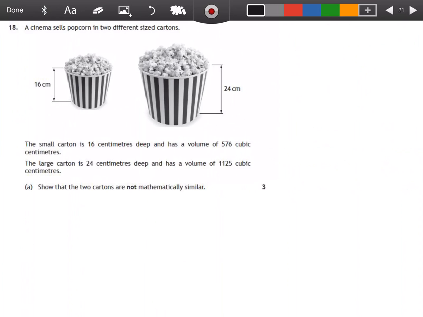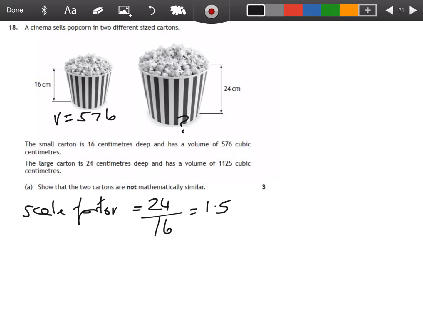I'm going to show you the most common way that people actually attempt this question. So, you're told the wee volume is 576. Now, the scale factor. If you're working out the big volume, you do 24 divided by 16, which is 1.5.